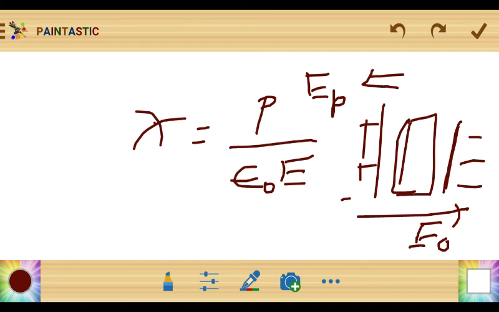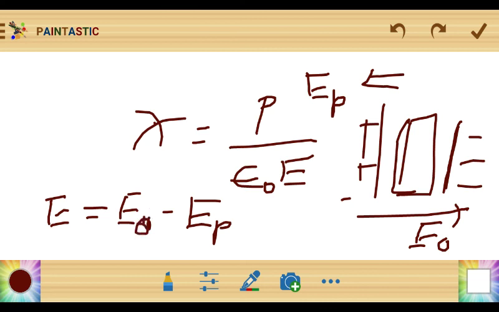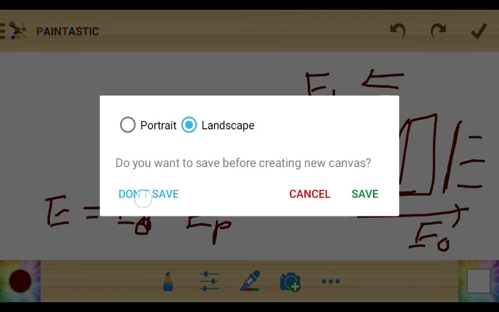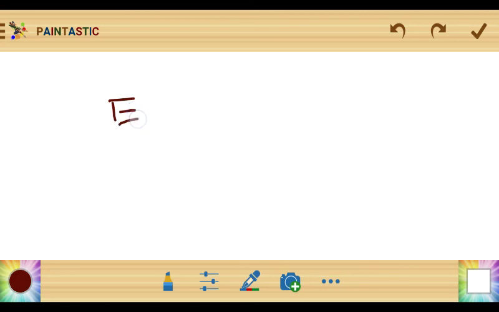So the total electric field is simply E is equal to E0 minus EP.